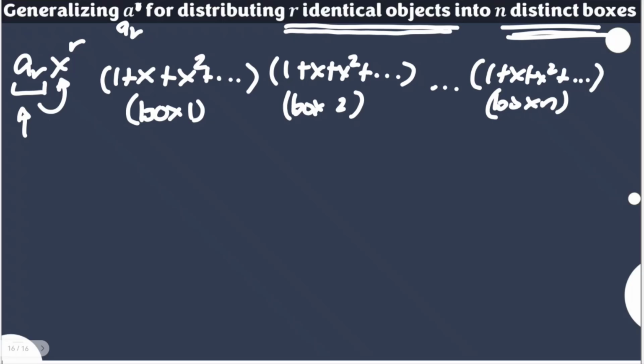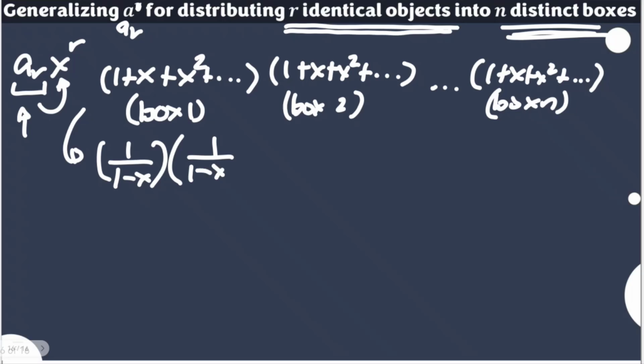But we are going to use the condensed form, since we have the same form for all of them. We can write that generating function as a rational expression: 1 over 1 minus x for box 1, box 2 will also have 1 over 1 minus x, until box n, you have 1 over 1 minus x.